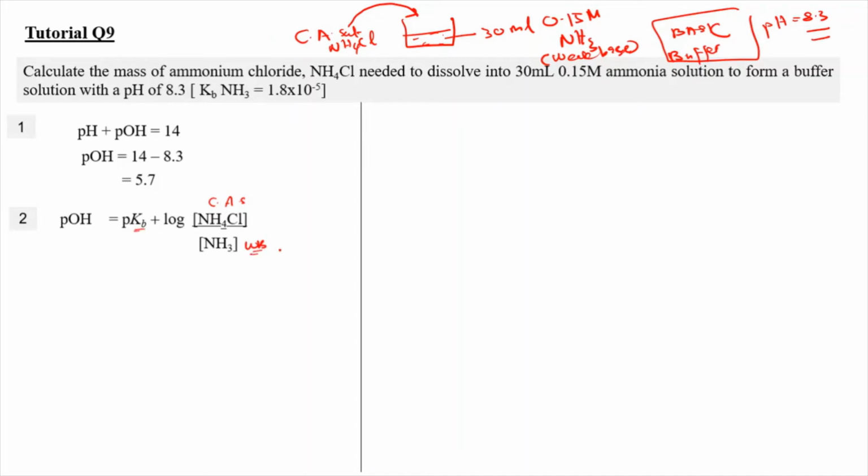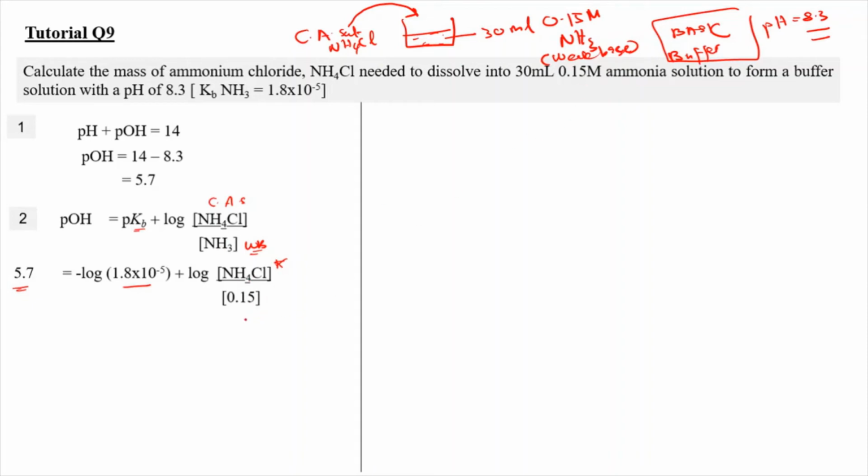So the weak base is at the denominator part. Our pOH is 5.7, our Kb value is 1.8 times 10 to the power of negative 5, and NH4Cl is the concentration of the salt that we need to find out. And the concentration of ammonia is given to be 0.15.